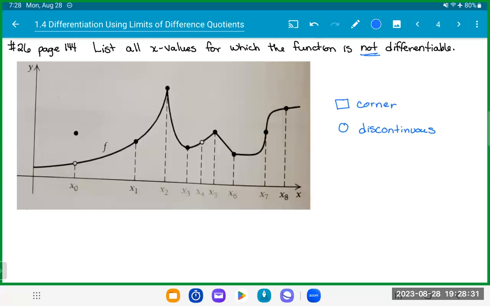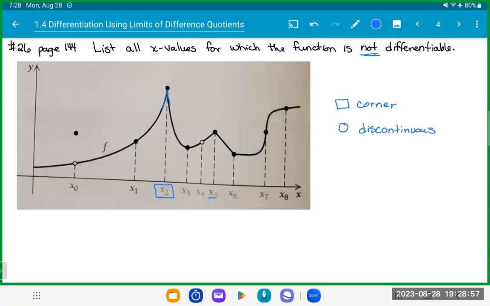Okay. So first of all, let's start with the corner. As we're coming around here, you can see I come up and I make a sharp change. So this right here is a corner. So x = 2 would not be differentiable because it's that corner, right? Again, it's a sharp change in direction.